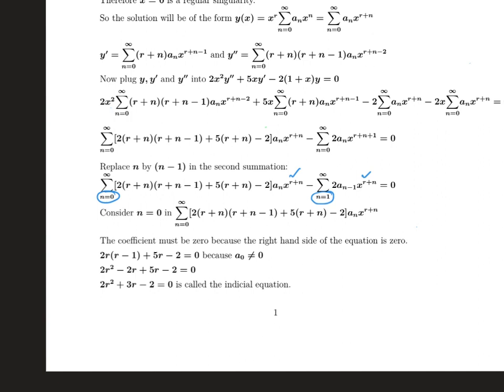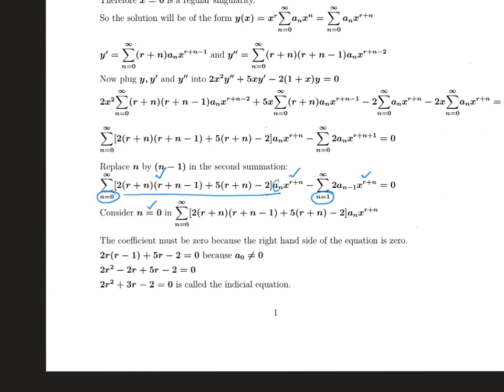So to align both summations to start from the same point, that means n equal to 1, we just strip the first term, n equal to 0, from this one. So we take it away. Now, if we plug in n equal to 0, what is it that we get? We are going to plug in n equal to 0 here for the coefficient.